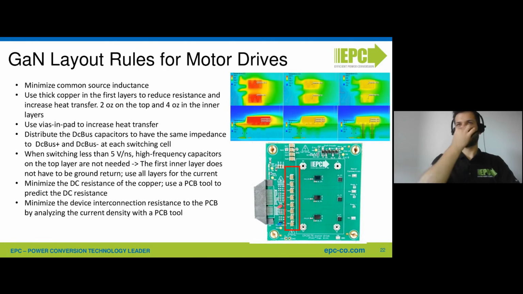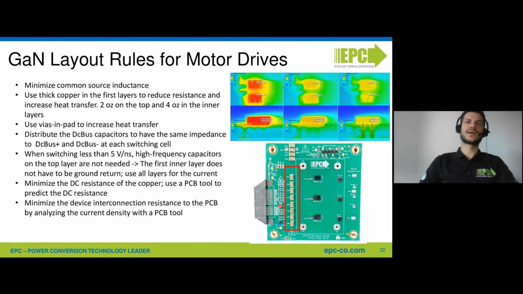So before releasing a design, it's useful to analyze these kinds of aspects, because if you have a high resistance in the PCB that contributes to the heat, and maybe it's also heating the device, it doesn't really matter for the efficiency of the inverter, but it matters for the temperature rise in the FETs and in general in the inverter.